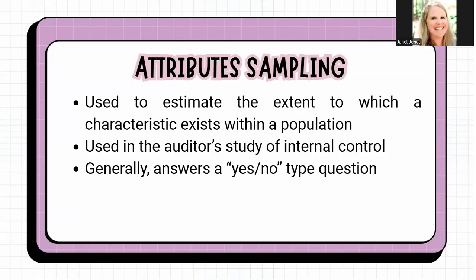Is there proper authorization? Yes or no? Do they properly document their transactions? Yes or no? Whatever the internal control is that we're trying to study, we're trying to say, is it designed and operating effectively? That's that yes or no question we're trying to answer. So when we are testing internal controls, we're typically going to be using attribute sampling.